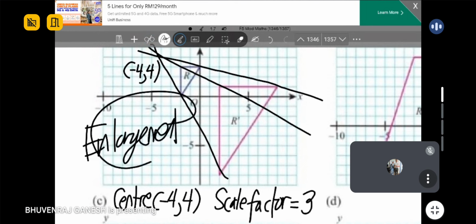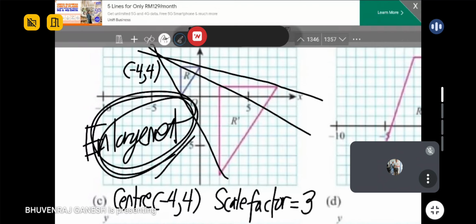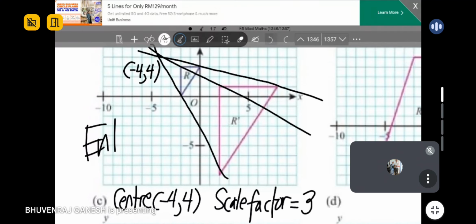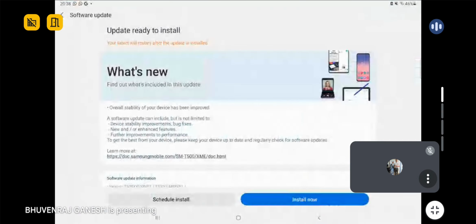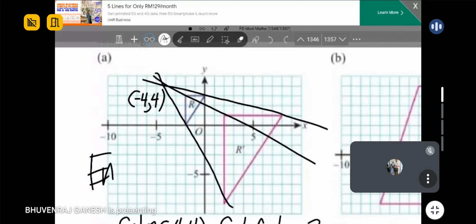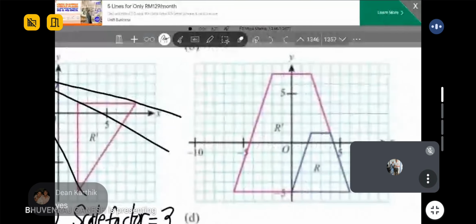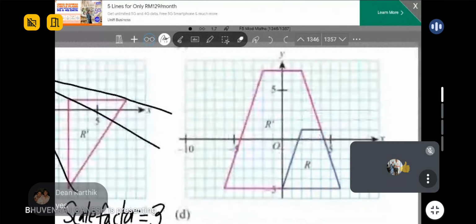You must mention this word. Okay, if they combine, let's say, rotation dan enlargement, dia combine dua-dua. So, kamu kena mention enlargement. Tapi untuk soalan macam ni, dia pasti enlargement lah. Okay, it's confirm 100% enlargement, pembesaran. Okay, guys? Can get it? Boleh dapat? Okay. Alright.